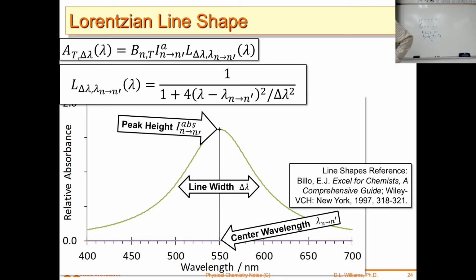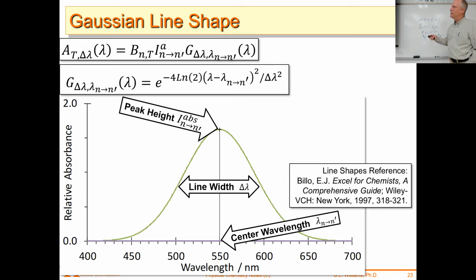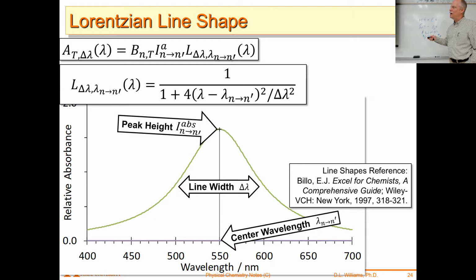And so if we look at the Lorentzian, it has essentially the same full width at half maximum as the Gaussian, but down below that, it gets fat. So here, see they have the same FWHM, but the Gaussian falls off and goes to 0 faster than the Lorentzian does. It's sort of like if you're standing here with your toes pointing out.